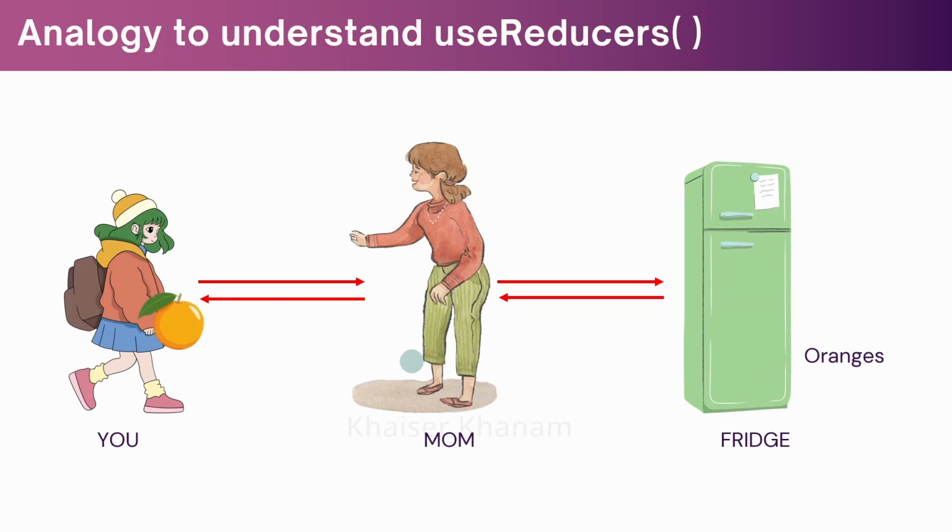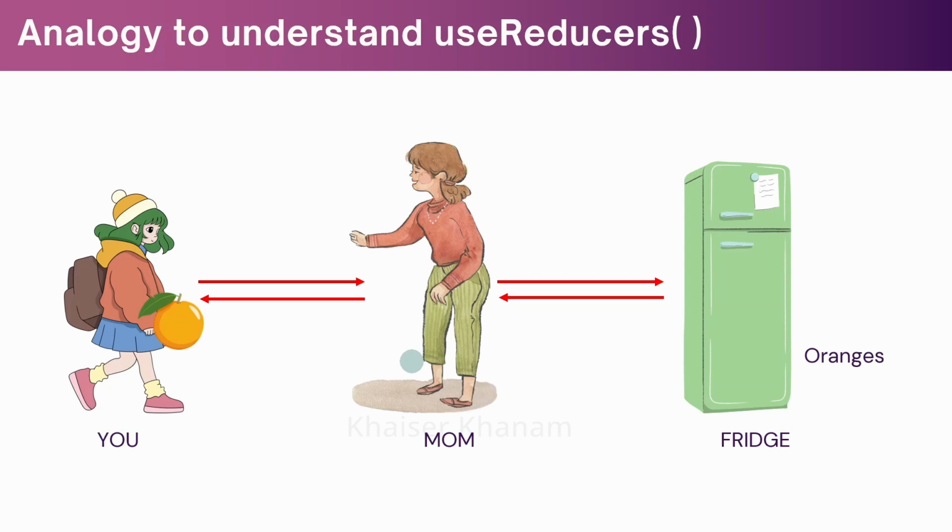So the basic difference between the two scenarios was, first, you directly go to the kitchen and grab the food, or second, you tell your mom to get the fruit for you. Mostly when we are tired, we always tell our mom or sister to get something for us so that we can have it and get energy back.